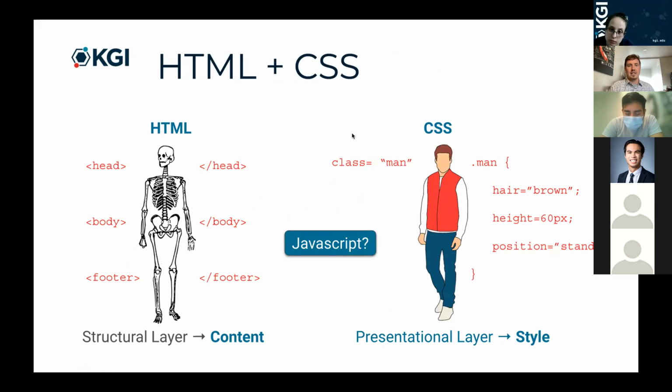And then the CSS will actually fill in the details. So what color is this going to be? What shape will it be? What does it look like? What's the position going to be? So we call the HTML the structural layer, and that's where the content goes. Whereas we call the CSS the presentational layer, and that's what styles the web page.